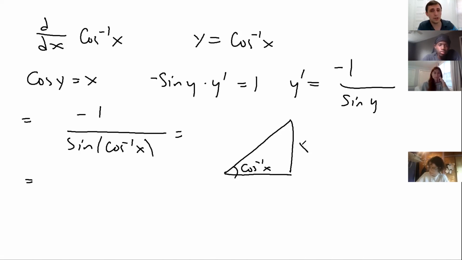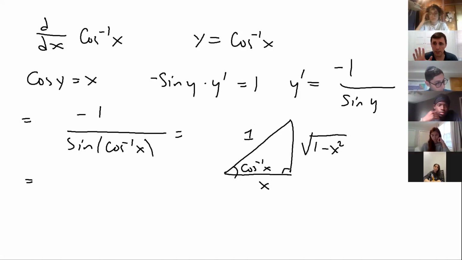You can say adjacent. Cosine is adjacent over hypotenuse. So adjacent can be written as x, hypotenuse as 1, and opposite is the square root of 1 minus x squared. Guys, when I write this, let me know for sure. Everybody understands, yes? You all understood how I completed this triangle and why that is very natural, correct?